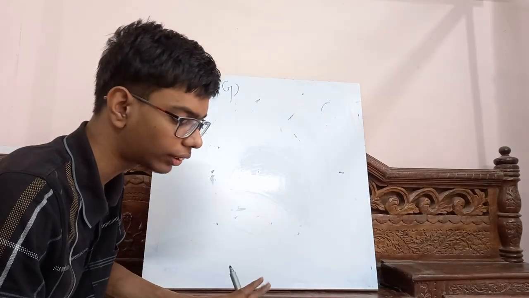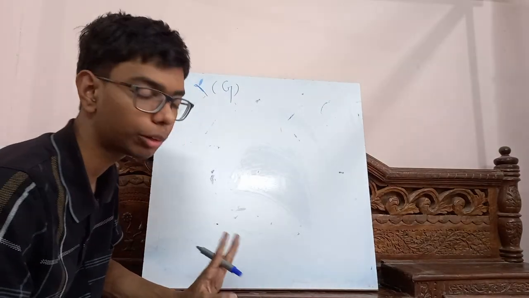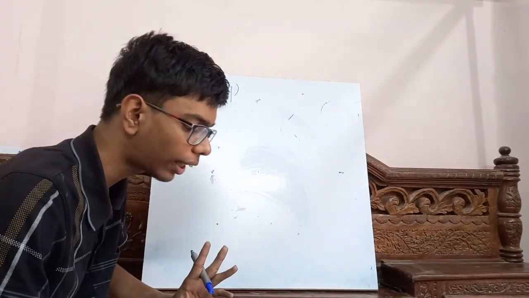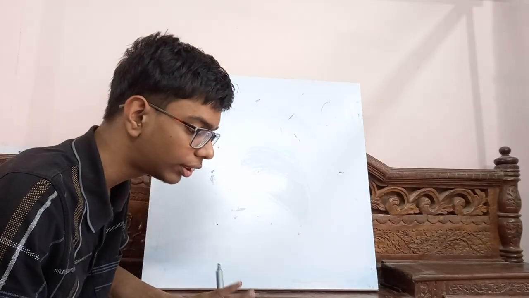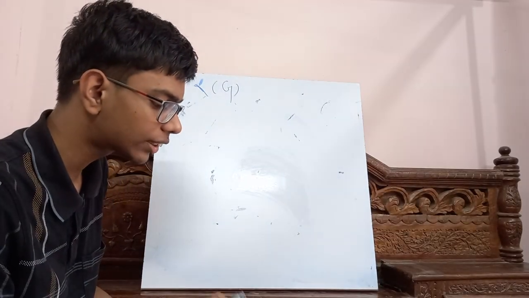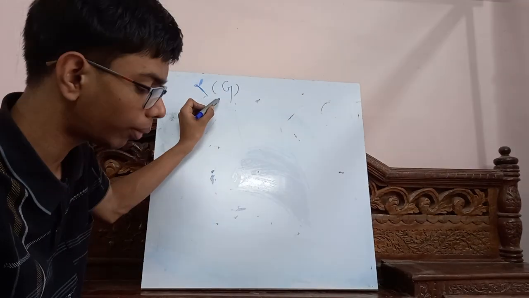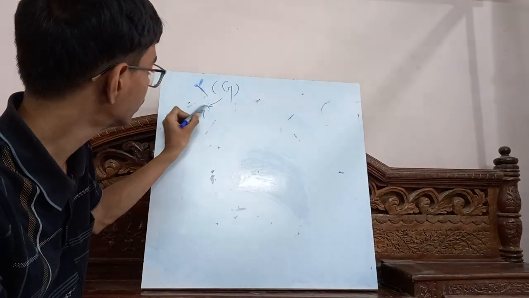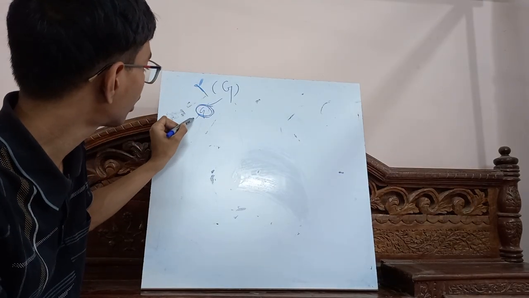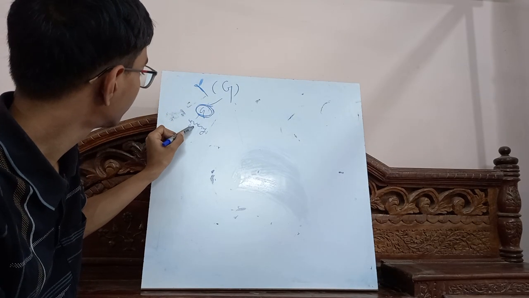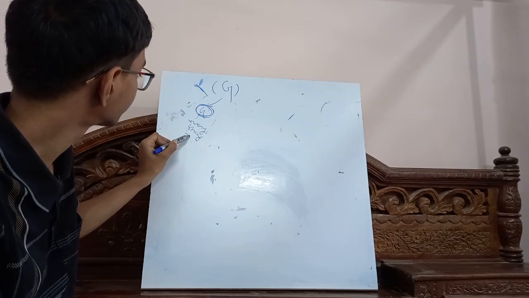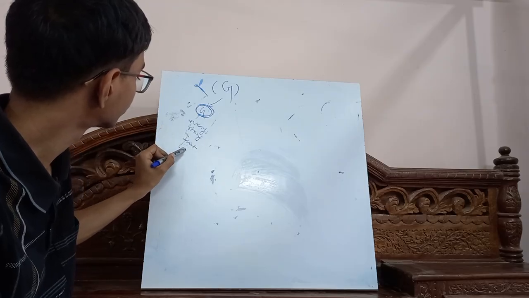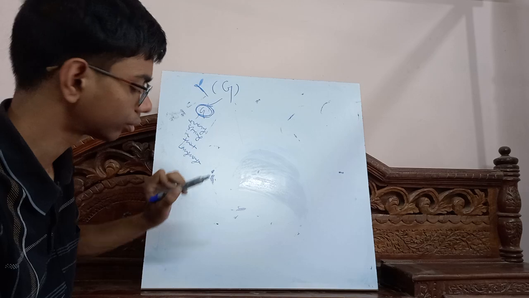Not just one string, all possible strings that can be derived. To prove a language L equals L(G), we need to show two things. First, every string in L can be generated by the grammar.